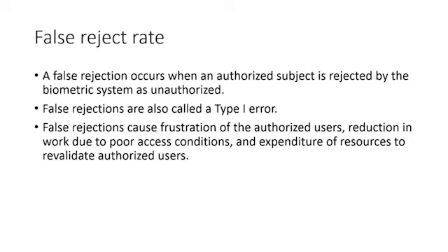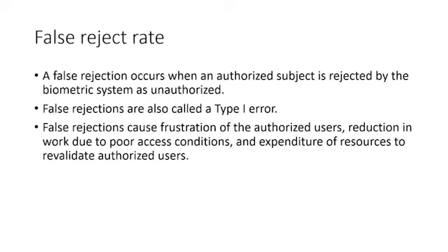The false rejection rate occurs when an authorized subject, like you, is rejected by the biometric system as unauthorized. So back to my example just a second ago. You have voice recognition to get into the building or into a room. What if you have a sore throat? What if you're nasally?